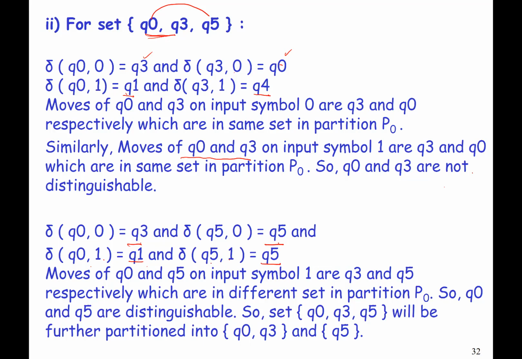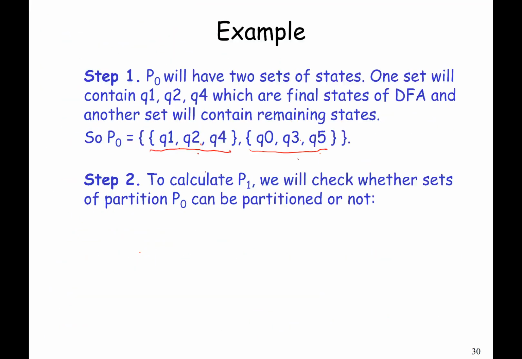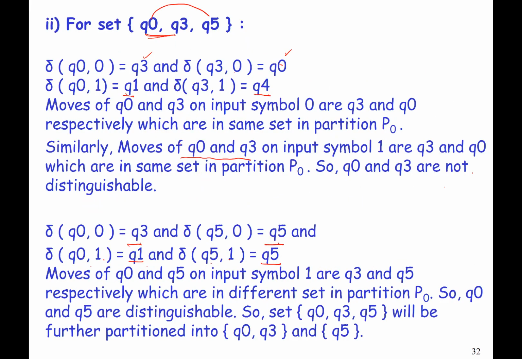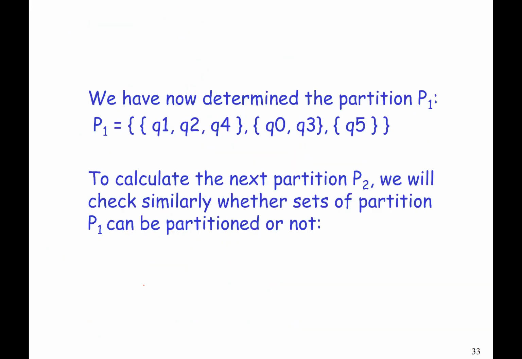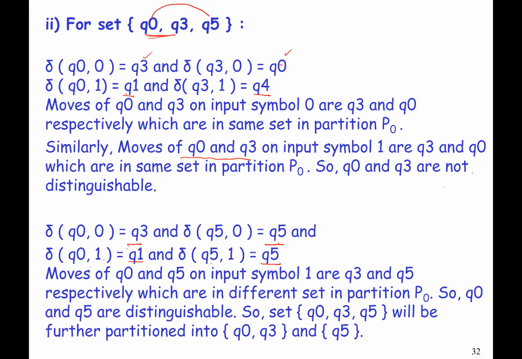Remember, Q1 and Q5 are in different partitions. So that means Q0 and Q5 are distinguishable on the next input symbol of 1. So we have to move them out of the same partition.